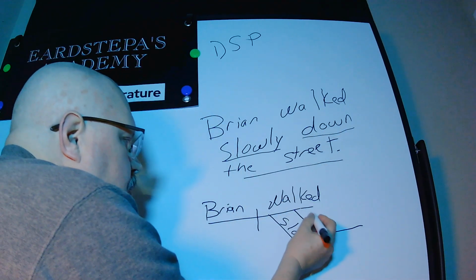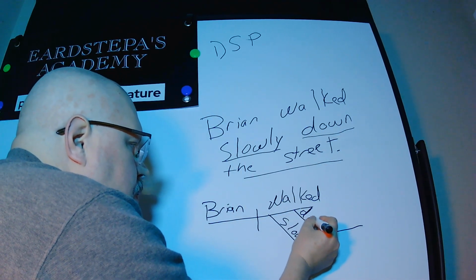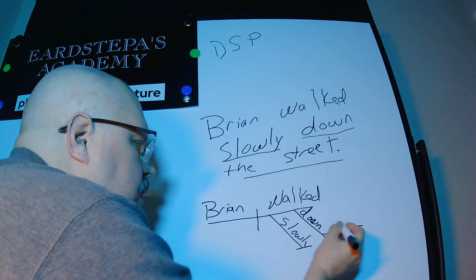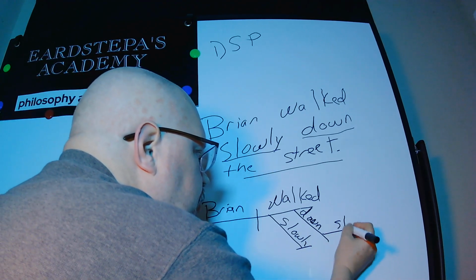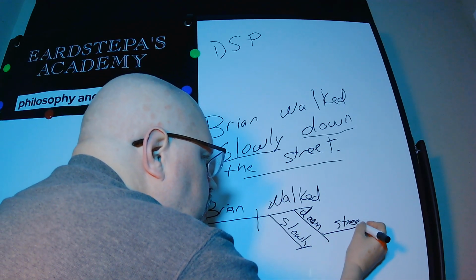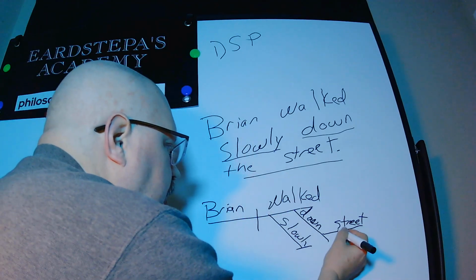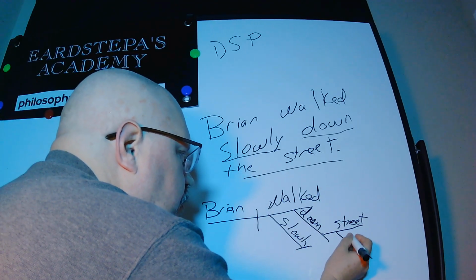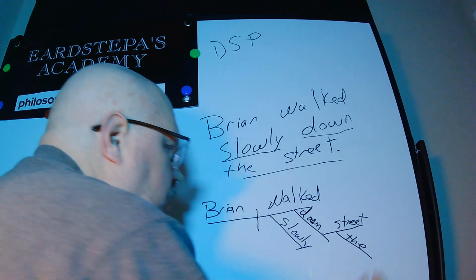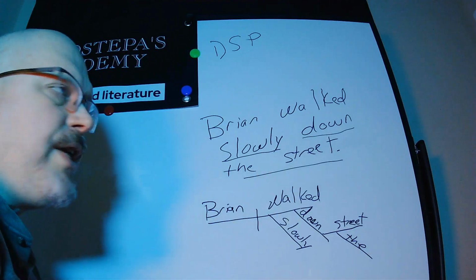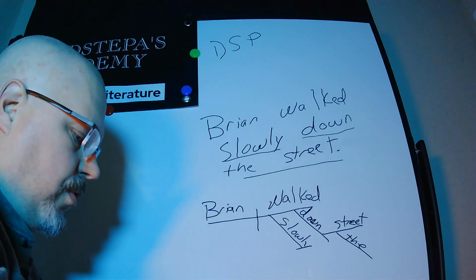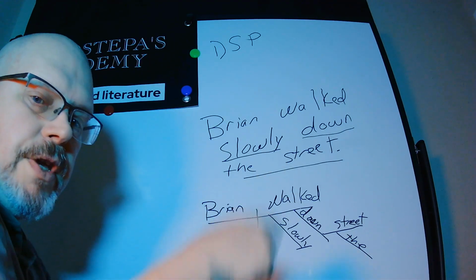So down is the preposition, street is the object of the preposition, and the modifies street. And we have taken care of every word in the sentence. Therefore, we have diagrammed the entire sentence.